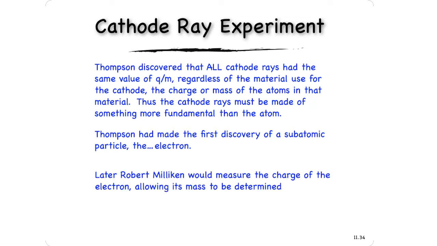So later, Millikan would do the oil drop experiment that took charged oil drops and suspended them between electrodes. And by adjusting the electric field that would push up on those charged oil drops, he could offset the weight of the oil drops, which pushed down.